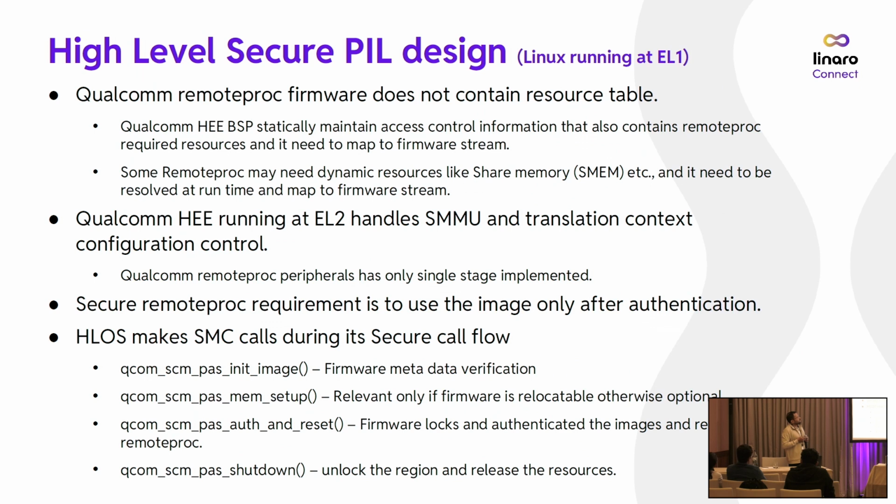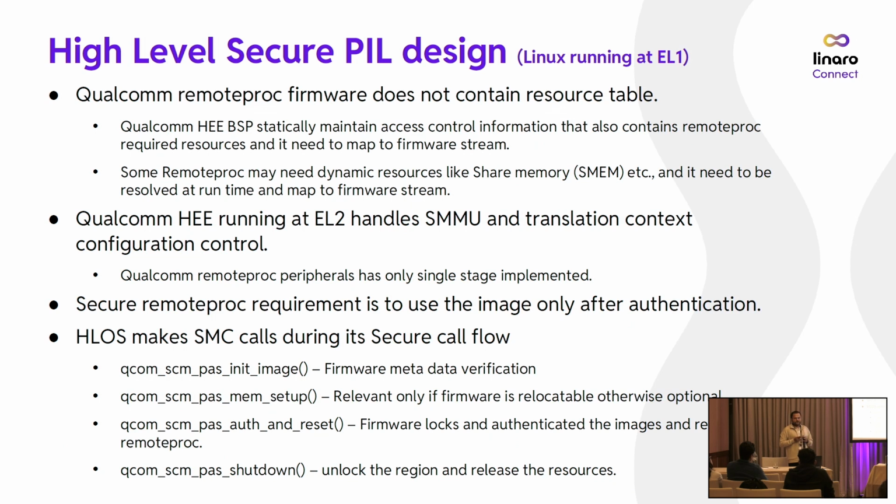This is because Qualcomm does this entire access control, wherever the MMIO region of a different remote processor or any access control stuff is, it keeps it either at the TZ level, trust zone, or at the hypervisor level.